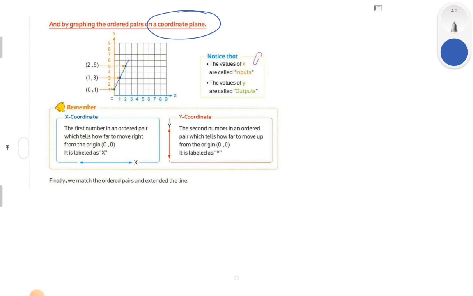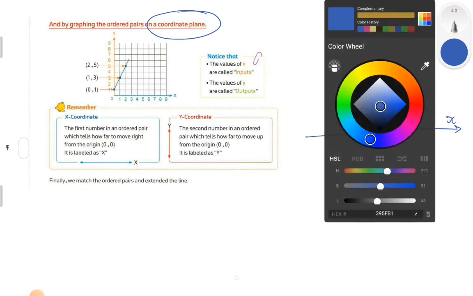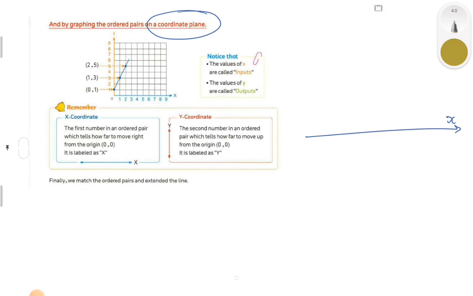We remember that we studied coordinate plane in the previous year, grade 5, okay, as we have coordinate called x coordinate, right? And I can write x here. Also, I have another coordinate as y.